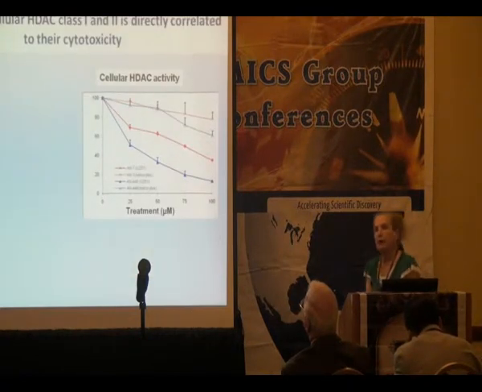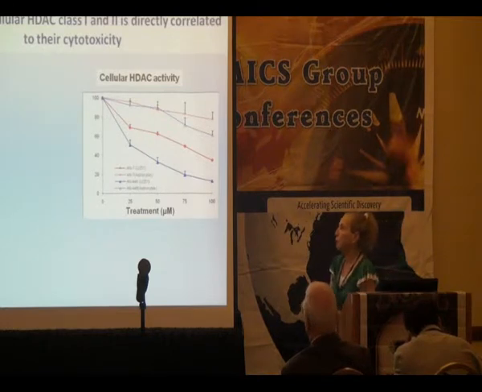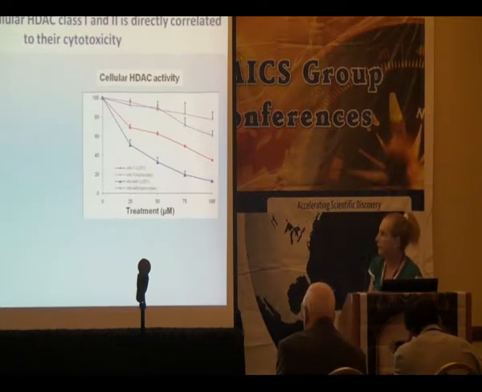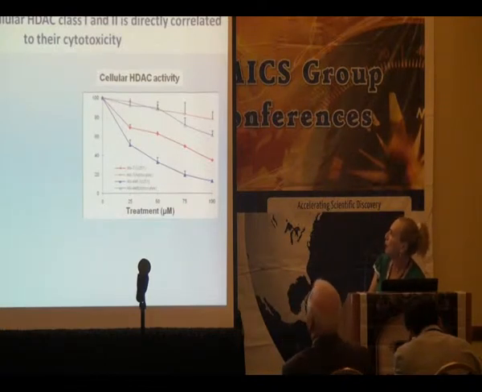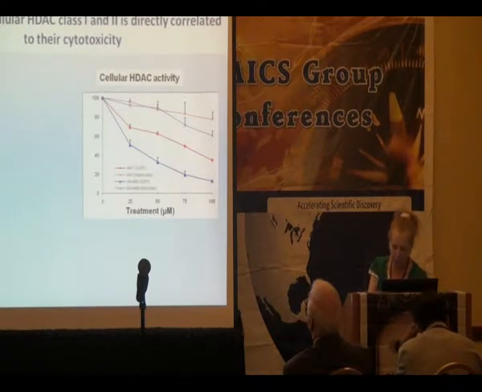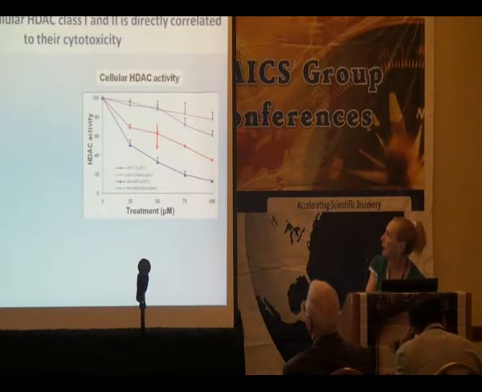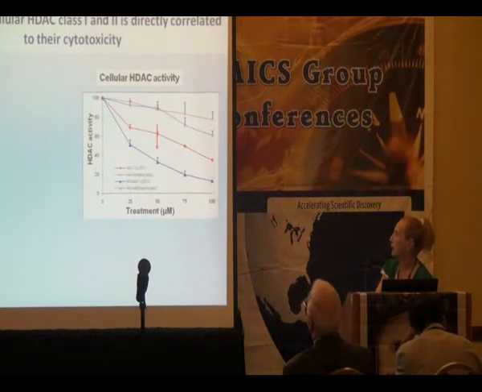We measured the effect of the prodrugs, both of them, AN7 and AN446, on the activity using a fluorescent probe. And as you can see, the solid lines are the effect of the prodrugs on cancer cells, and the dashed lines are their effect on the astrocytes.